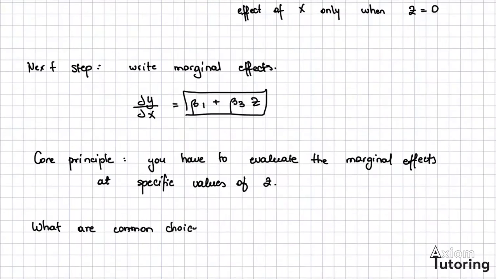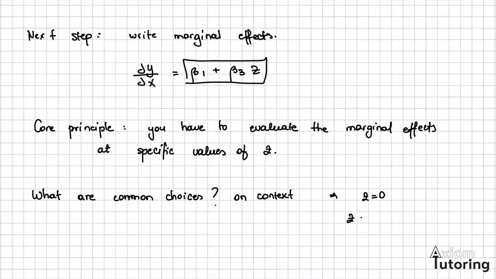This will depend a little bit on context, but most of the time students jump into, well, let's check it when z is equal to 0. And you can also have cases where you check it when z is the mean of z.